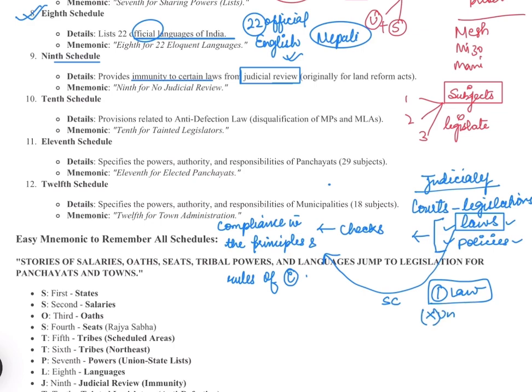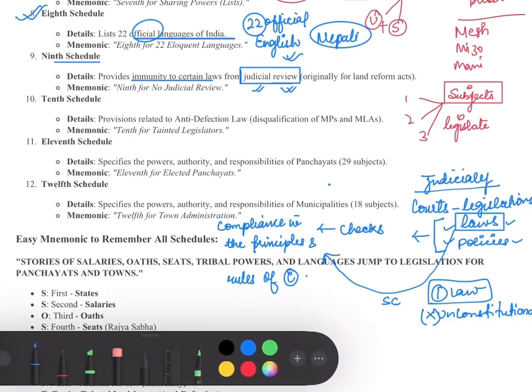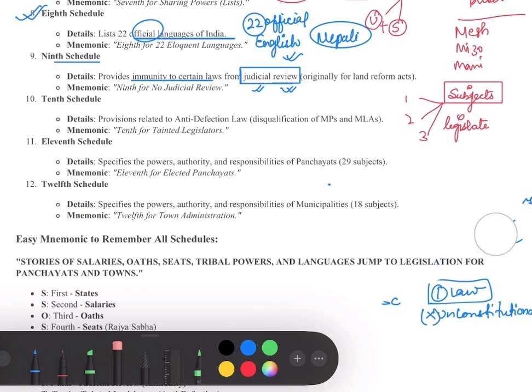It is wrong, and it cannot be implemented. Judicial means something related to judiciary, and review means it is reviewing. But what? It is reviewing the laws, policies and guidelines formulated by the government. So this is how this doctrine works.